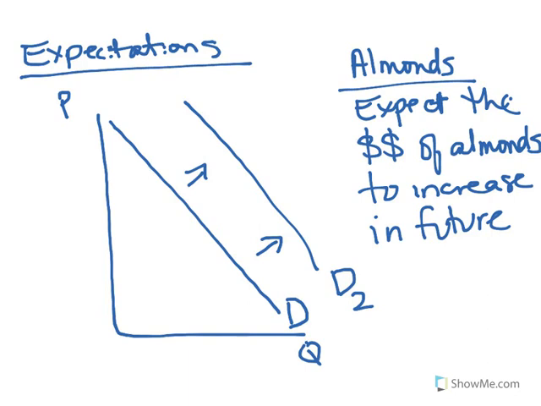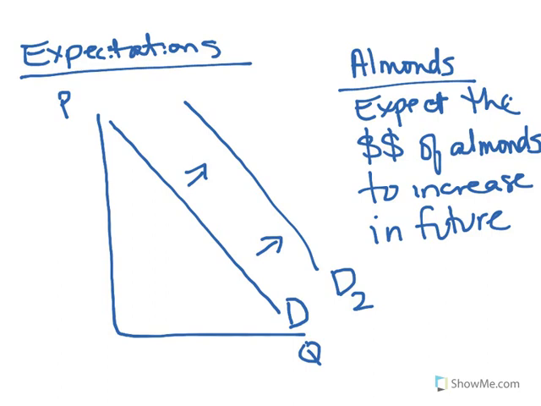Whereas if I had said they expect the price of almonds to drop in the future, then that's going to actually decrease my demand for almonds today because I would rather wait to purchase the almonds when they're cheaper in the future. So again, as our consumer expectations change, so does our demand for goods and services.